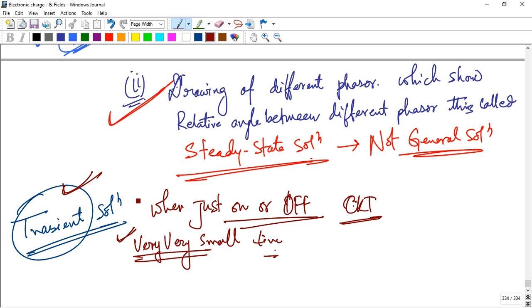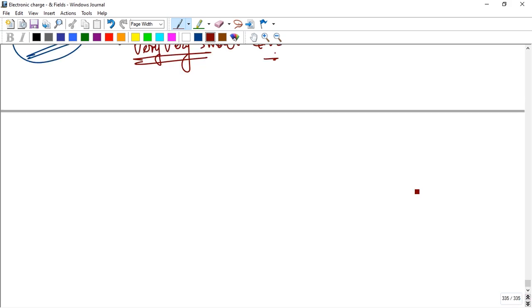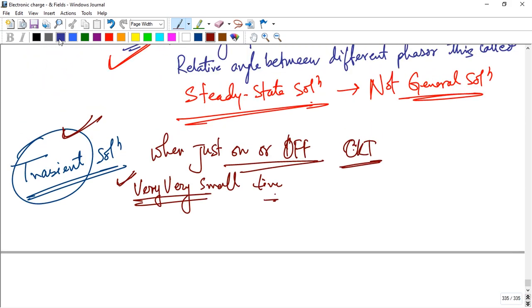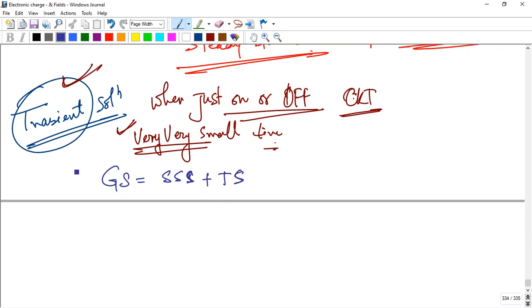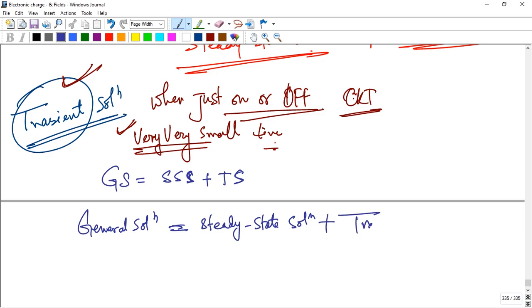So what is the general solution? The general solution of that circuit is equal to the steady state solution plus the transient solution.